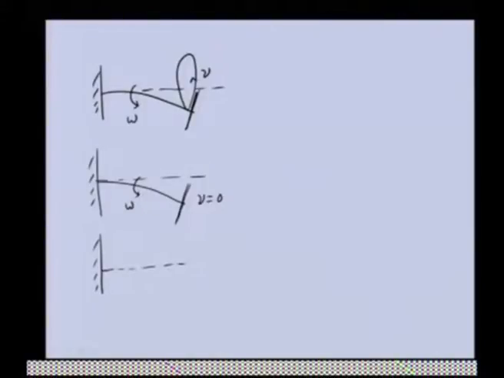In this case the shaft is not spinning, only pure whirling is taking place. It is moving along this path with frequency nu, but there is no spinning, spinning is 0. This case we call pure whirling, and the other case is pure spinning.